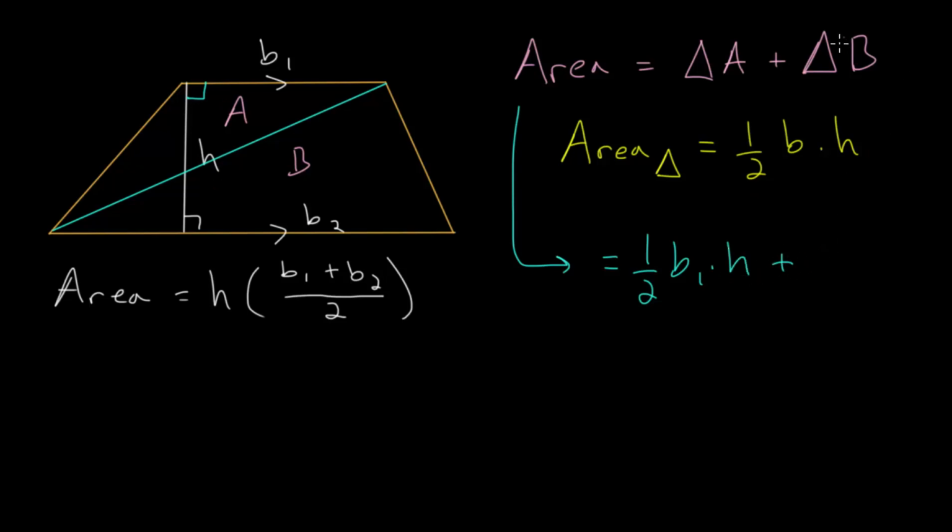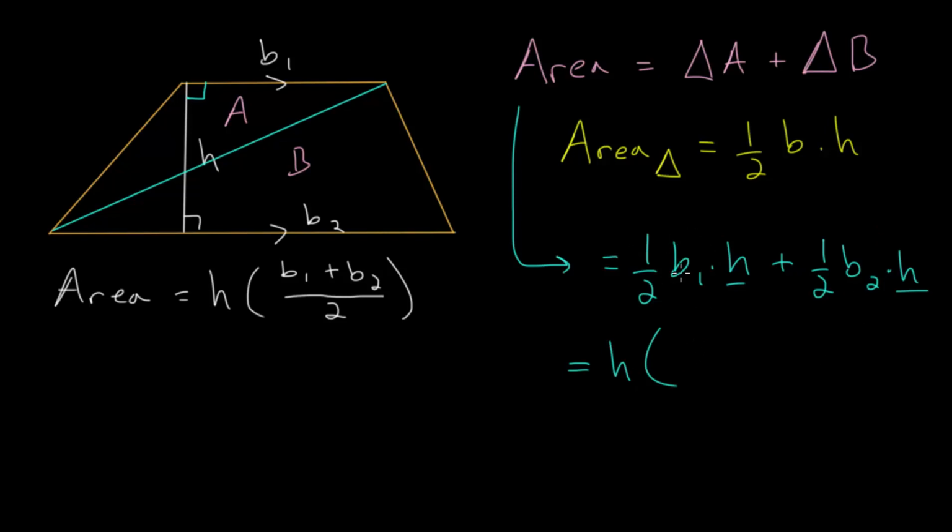And now we need to find the area of triangle B. So that has a base of B2 and a height of h. So the area for that will be half of base 2 multiplied by h. And from here, we can factor out h since they both have h in it. When we factor it out, we're essentially dividing each of these terms by h.